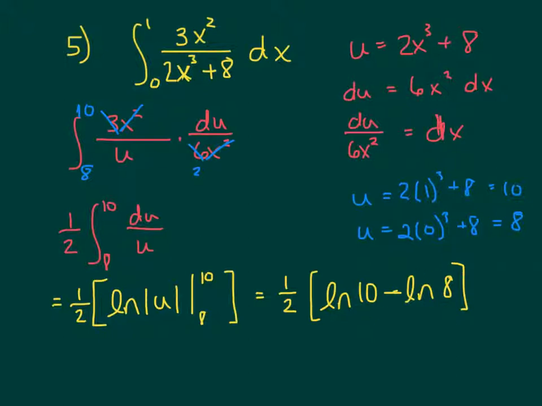So if I wanted to rewrite this, one way I could rewrite it is 1/2 natural log of 10 over 8. All right, now I can clean that up one more step and make it 1/2 of natural log 5/4. Okay, so either one of those answers would be acceptable.